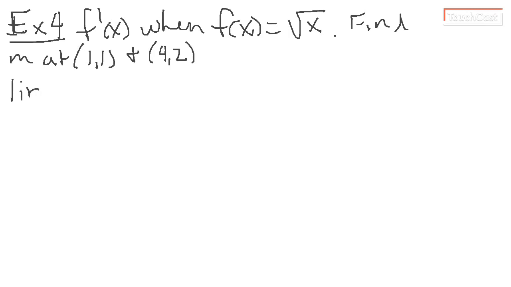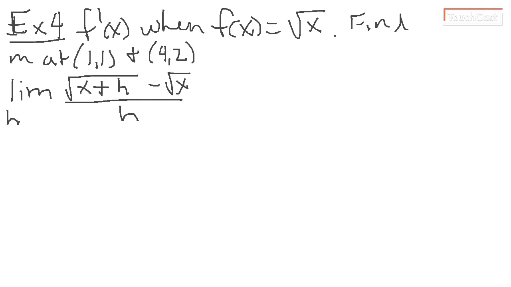So we have the limit of the square root of x plus h minus the square root of x, all over h, as h goes to 0. Now, to find this limit, in our last chapter we talked about the process of rationalizing what we have here.